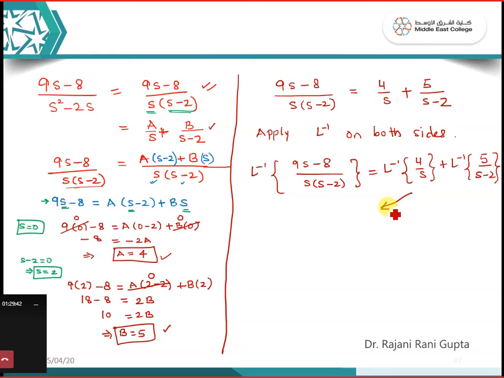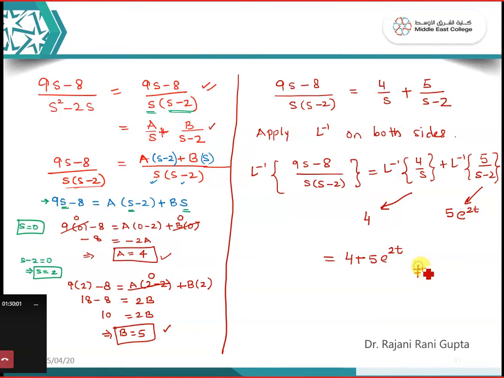Now 4 over s gives you 4. For this it gives you 5, and 1 over s minus 2 gives you e power 2t. So the final answer will be 4, the sign in between is plus, 5 e power 2t.